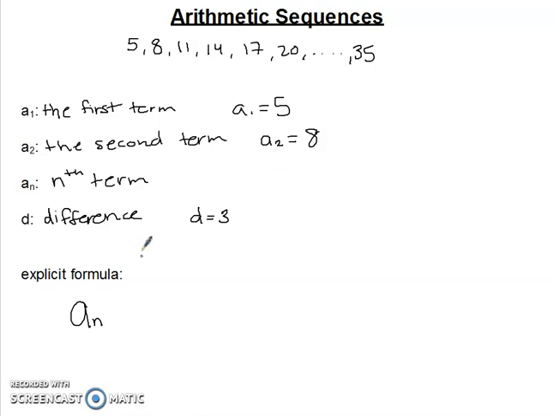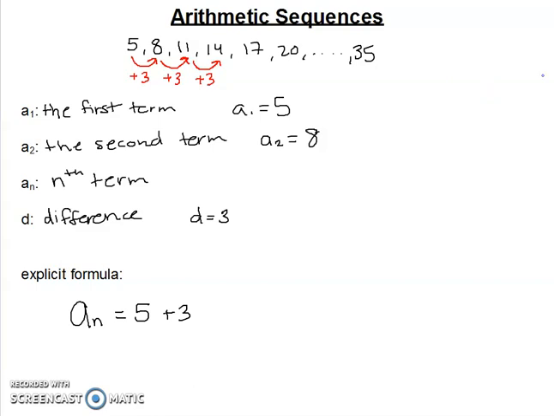The first term in my list is 5, so I'm going to go ahead and start with 5. Then to get to the next term in the list, we're going to add 3. So to get from 5 to 8, I add 3. To get from 5 to 11, I need to add 3 twice. To get from 5 to 14, I need to add 3 three times.